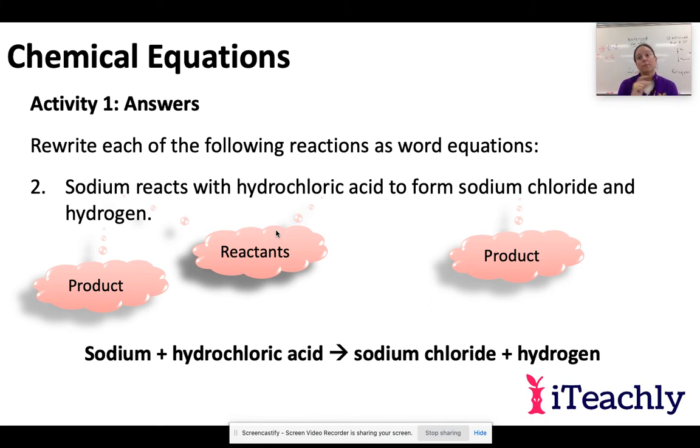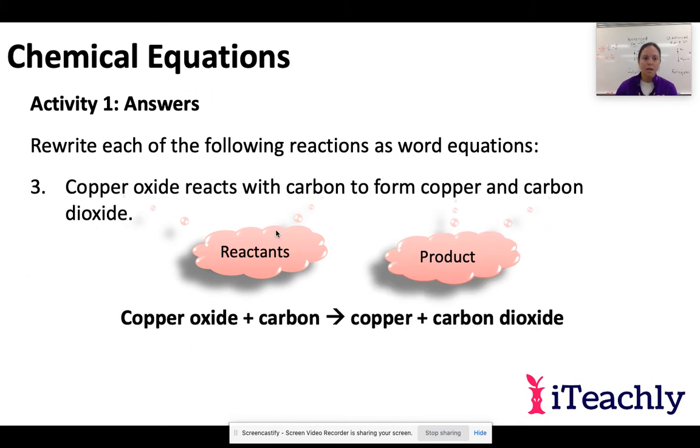Also notice what's separating the reactants and products is the little arrow, and then the plus signs separate the 2 products from the 2 reactants. And then our last one, copper oxide reacts with carbon to form copper and carbon dioxide.